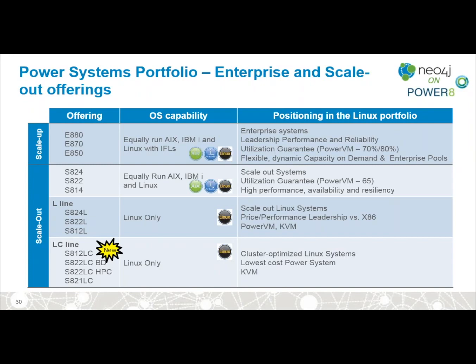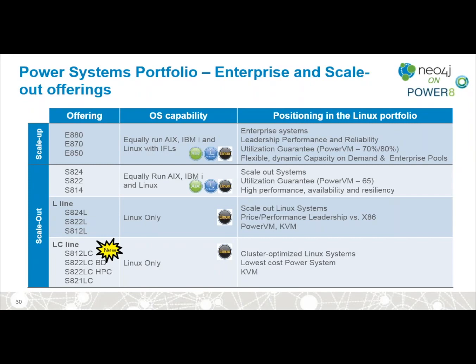These make an ideal foundation for a number of scale-out and cloud environments. Now that's part of the scale-out portfolio. Again, designed for big data, very scalable, very economical in terms of handling big data and analytics workloads.